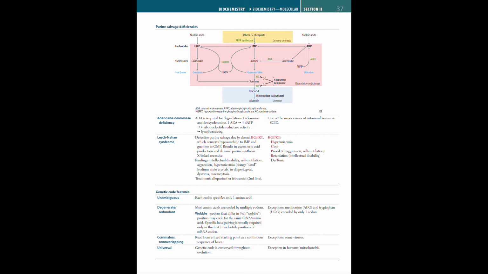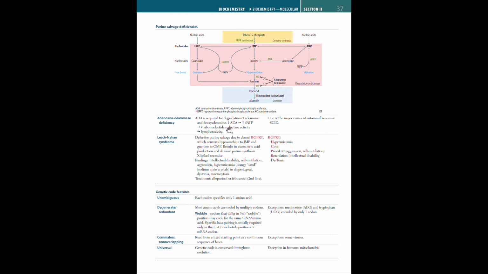So the next one is adenosine deaminase deficiency, where ADA is required for degradation of adenosine and deoxyadenosine. Basically, as the word deficiency says, you do not have the enzyme required for the degradation of adenosine.